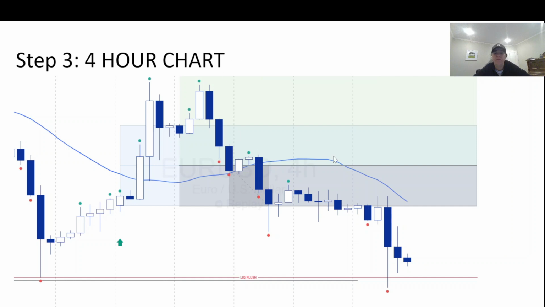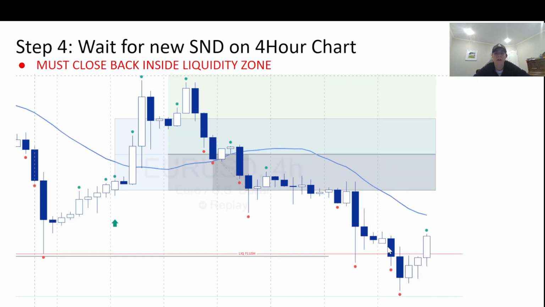Okay, and this is what that alert looks like. We're a couple of 4 hours afterwards, but you would have seen just this one wick out. Cool. So now you're just going to check your 4-hour chart until you get your first S&D on the 4-hour, and it's a bullish S&D, which is red dot, green dot, and it closes back inside your liquidity zone.